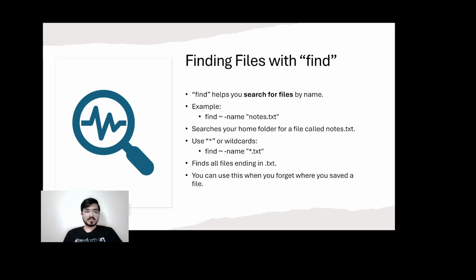So how can you see that? Using these asterisks, or wildcards, you can find all the files ending with .txt or .cpp. You can use this when you forget where you saved a file. Okay, so this is the use of the find command.